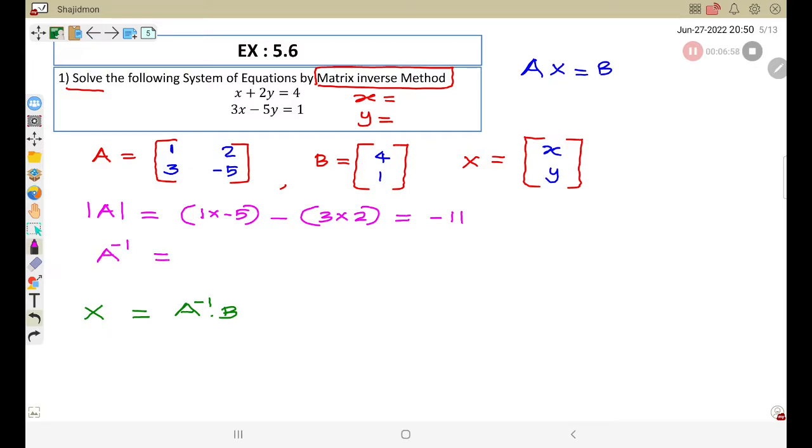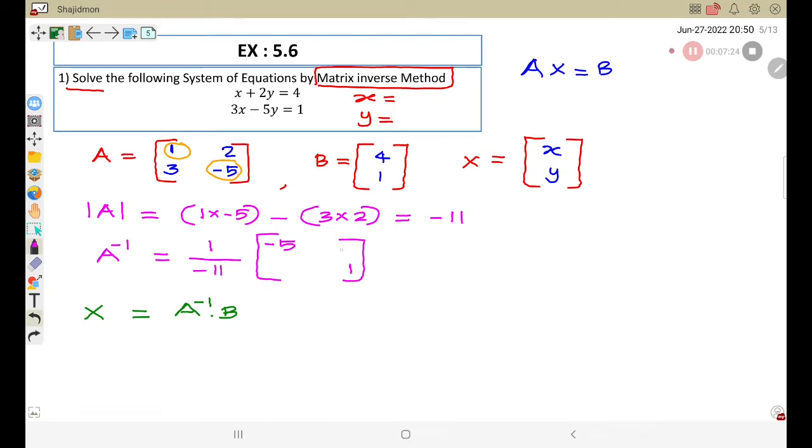Now from this we can write A inverse. We already studied the shortcut method for finding the inverse of a matrix in section 5.5. The inverse is 1 divided by determinant of A, that is 1 over -11, multiplied by the matrix where the main diagonal numbers 1 and -5 are interchanged, so -5 first and 1 last.